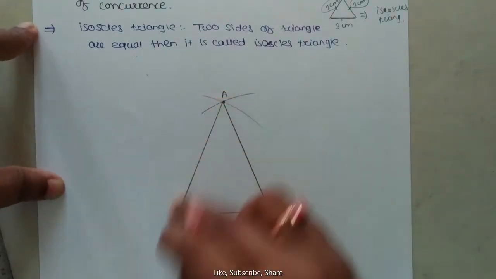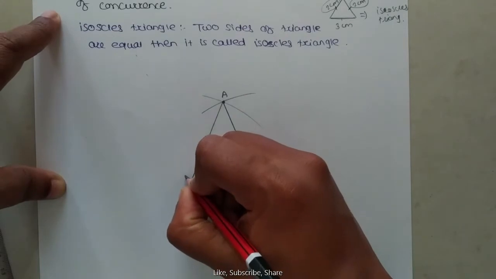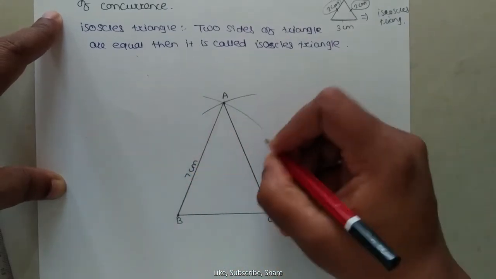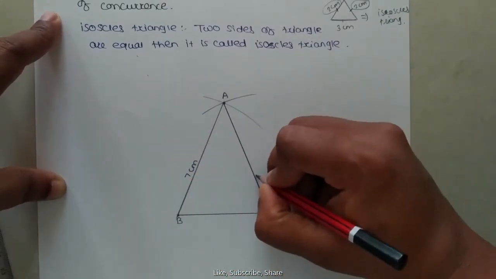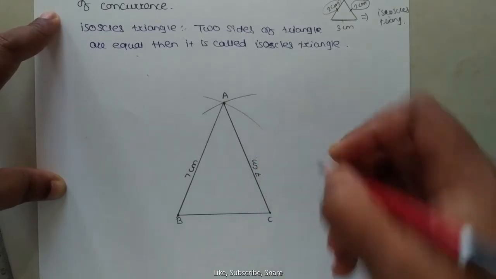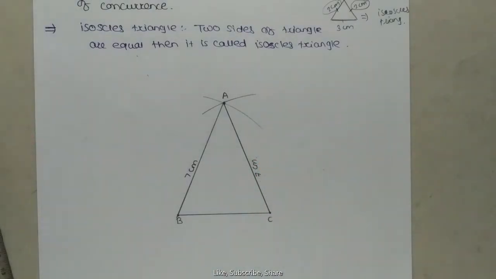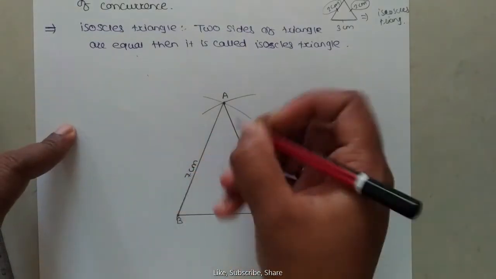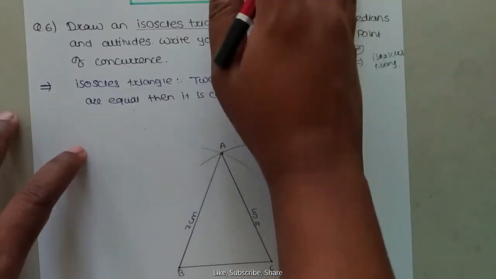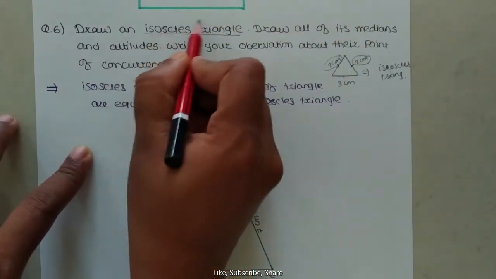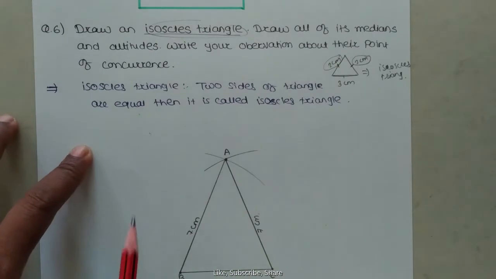So the measurement of this AB is what? 7 centimeter. And this one is also 7 centimeter. Clear? So now we have completed the first part. Draw an isosceles triangle. Isosceles triangle we have drawn.